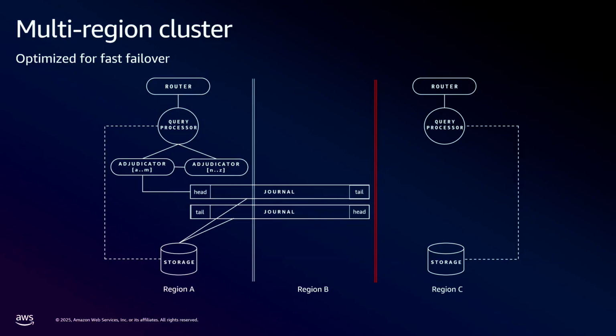Essentially, it means that an instance of an adjudicator is responsible for a given set of keys. And in the scenario of a failure, like here, region C, we are not able to reach, we need to move that leadership from the unhealthy region to the healthy region, which we can do quickly because it is only maintaining soft transient state. It does not take too much time.